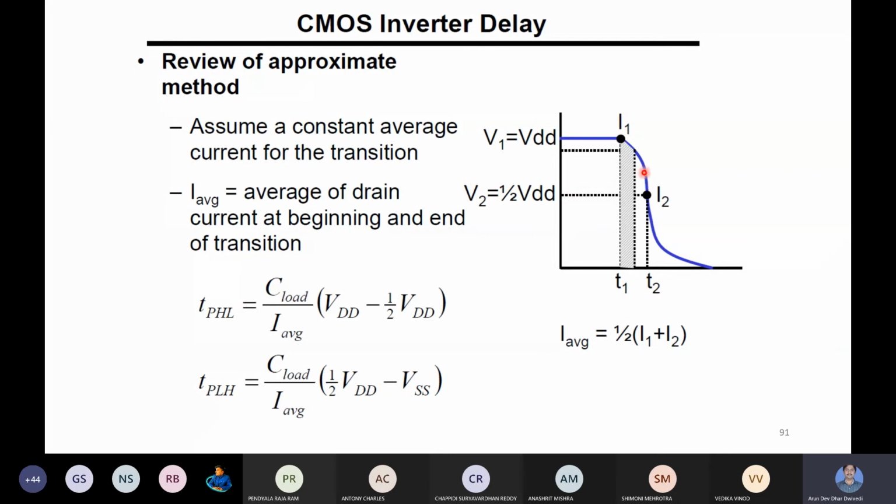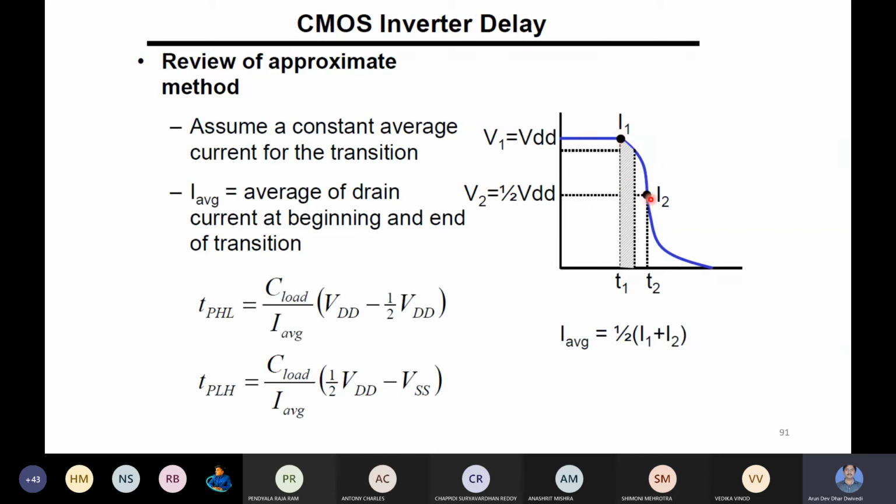As for how to take the average current, I have already explained during the problem that it is taken this way: if the output is falling from maximum VDD up to 50%, the average is taken as I1 plus I2 by 2. In the average current model, I1 is taken when the input was maximum and the output was maximum, that is VOH.